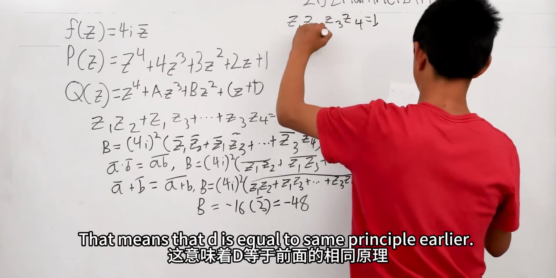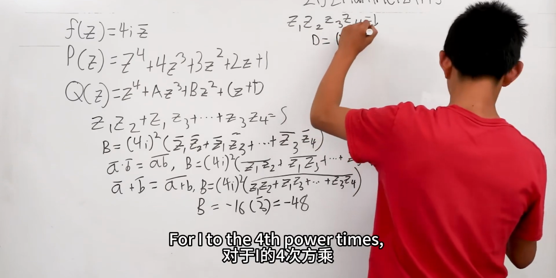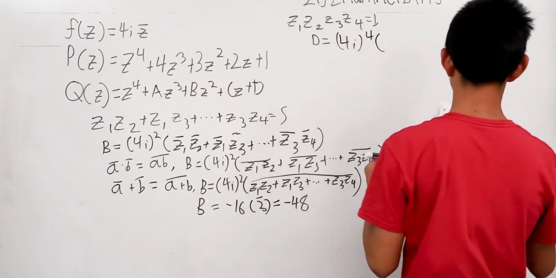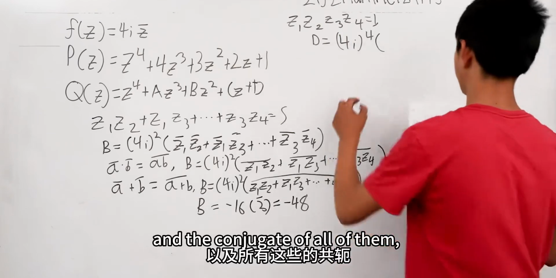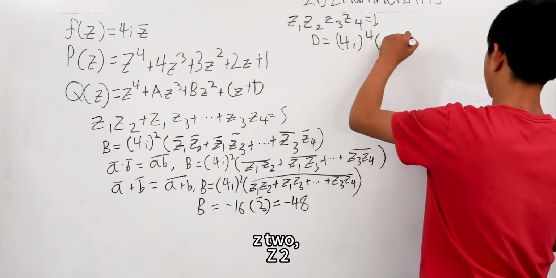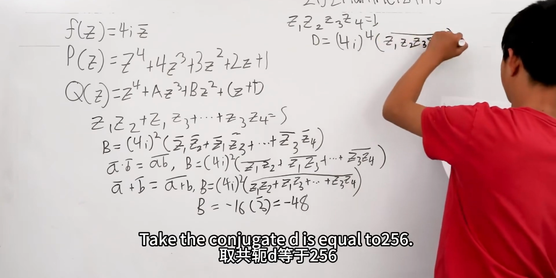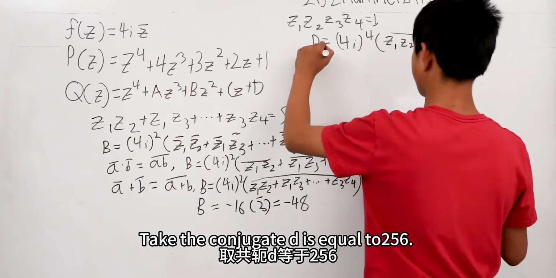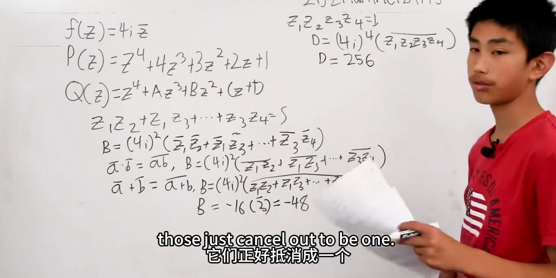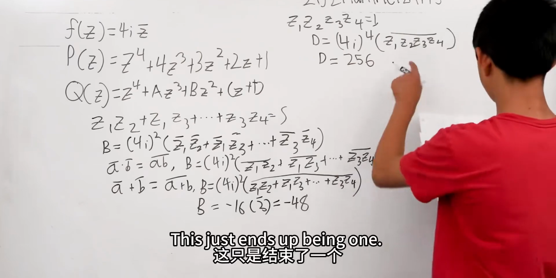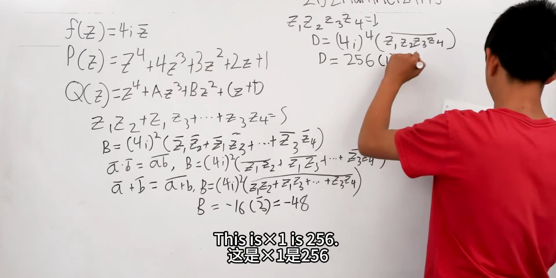So that means d is equal to, same principle as earlier, 4i to the 4th power times all these roots, z1 to z4, and then take the conjugate of all of them. So d is equal to 256, since there are two negative ones, those just cancel out to be 1, and this just ends up being 1. So this is times 1, which is 256.